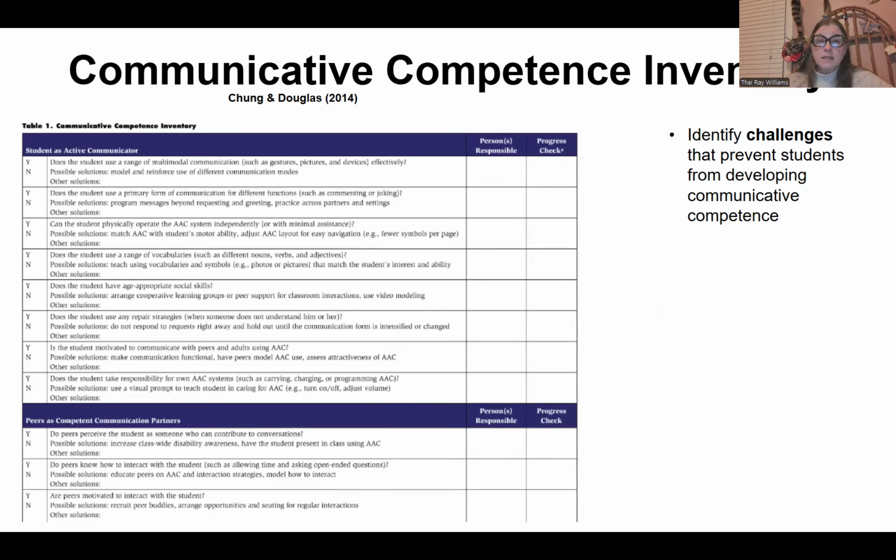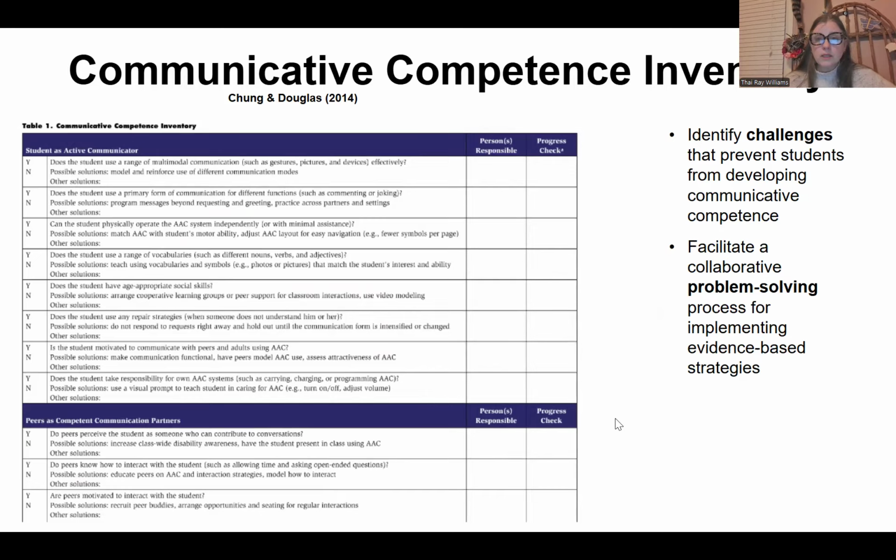It identifies any challenges or barriers that prevent the student from becoming a competent communicator. And another really cool thing it does is give you possible solutions, so that you can use it with your team, your speech therapist, occupational therapist, parents, everybody involved in serving the student, to do some collaborative problem solving.